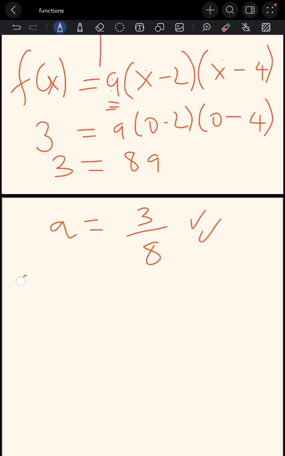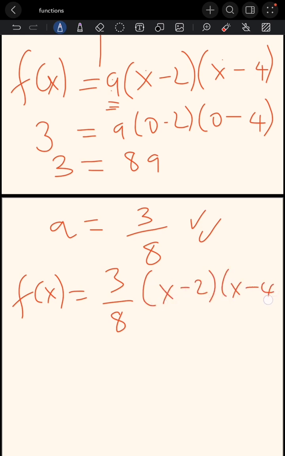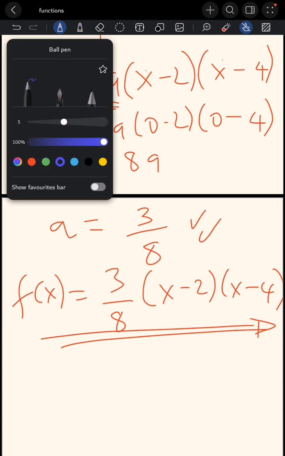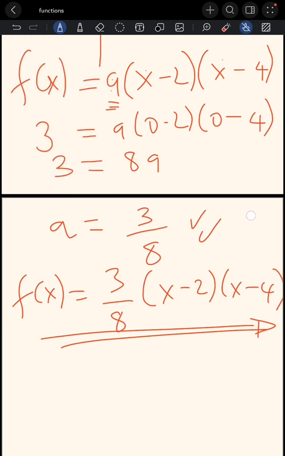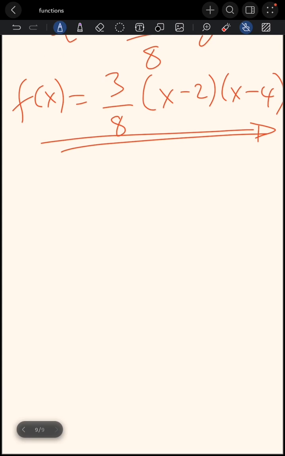So going back, we will have f of x is equal to 3 over 8 (x minus 2)(x minus 4). Then we are done. Okay, so for revision, we have 3 situations that we spoke about.